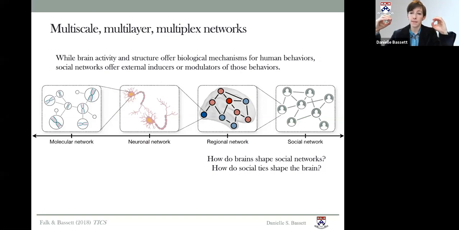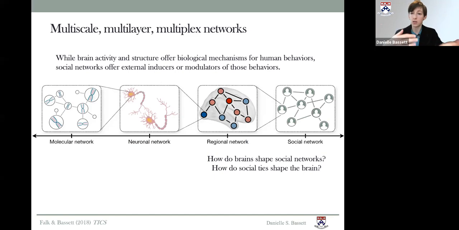So this, I think, is really important because there's emerging evidence that social networks offer some external inducers and modulators of our human behavior. So in other words, our social network can modulate how we behave, and how we behave can modulate the social network around us. And so we are not isolated units, and the brain network inside of our head is not an isolated unit. It's actually a connected unit, and it's connected to all of the other individuals inside of our social network.